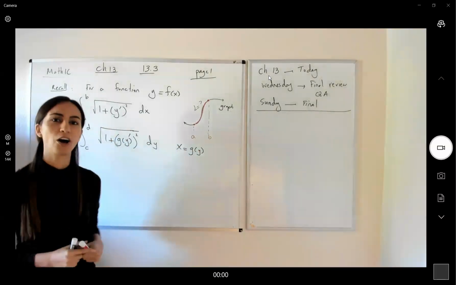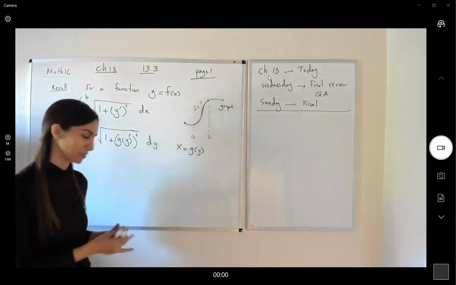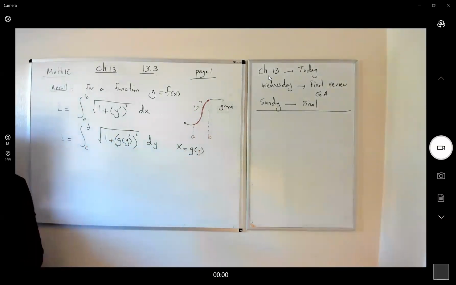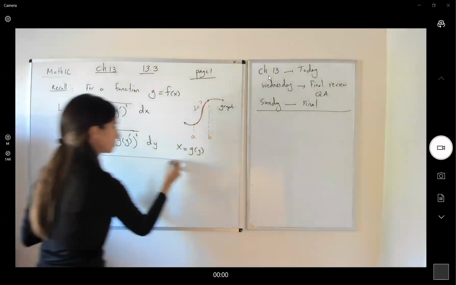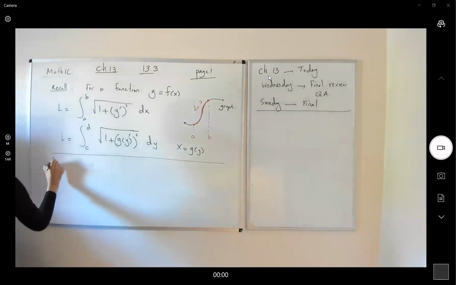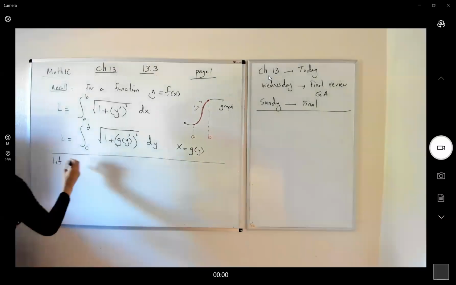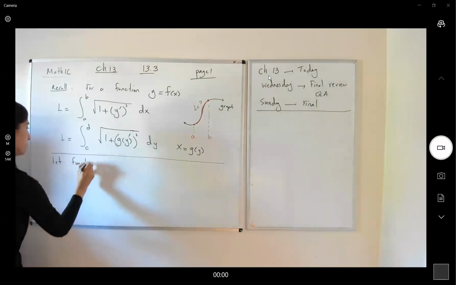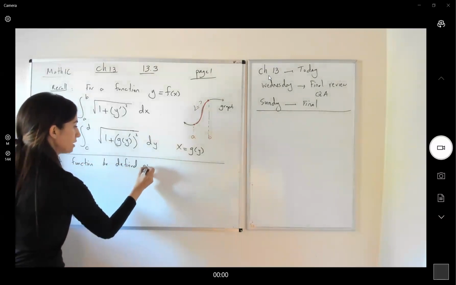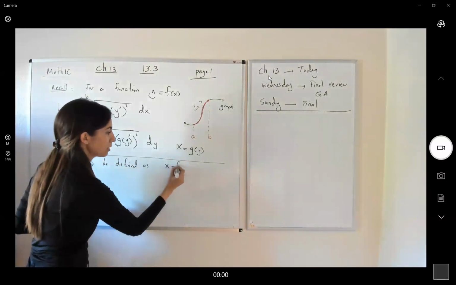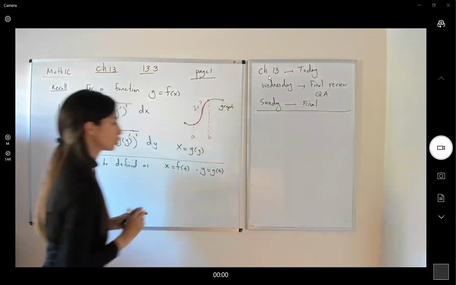We can generalize the idea to any curve in three-dimensional space. Very well. So our function is defined this way. Let the function be defined as x equals f of t and y equals g of t.